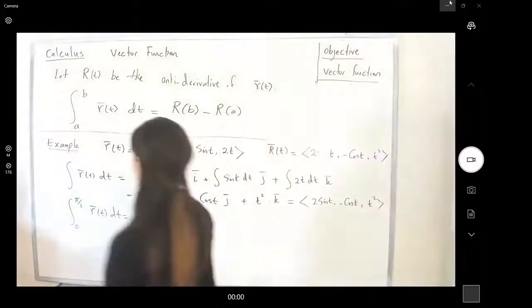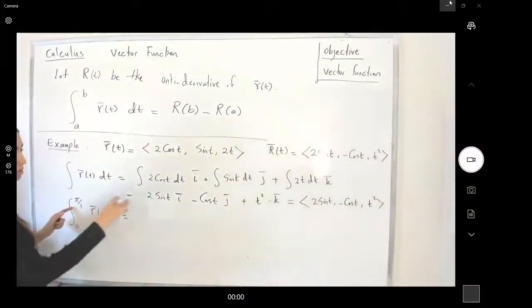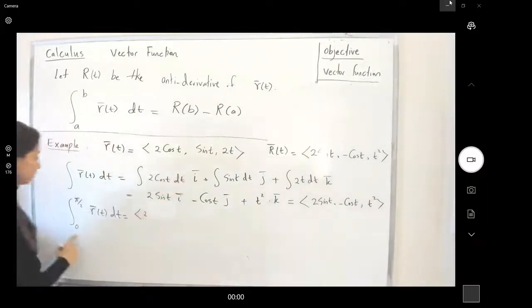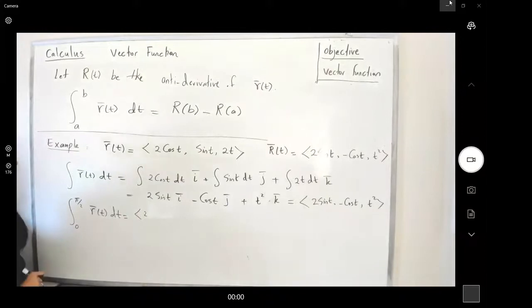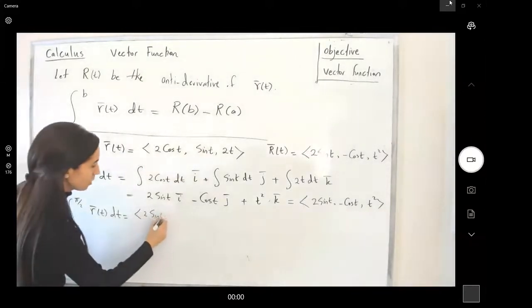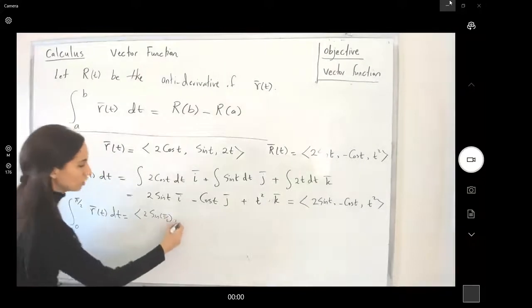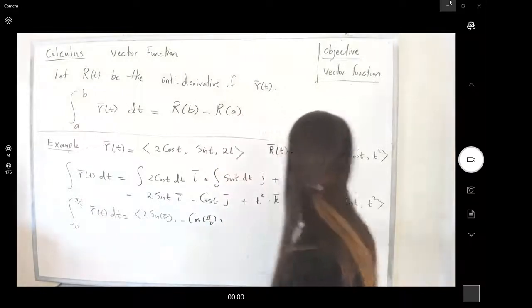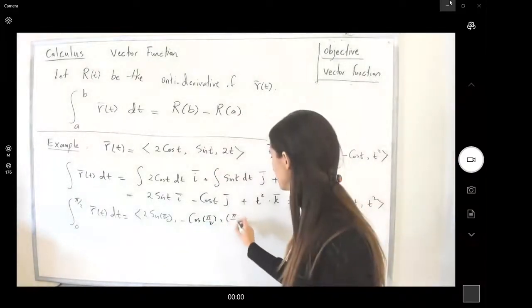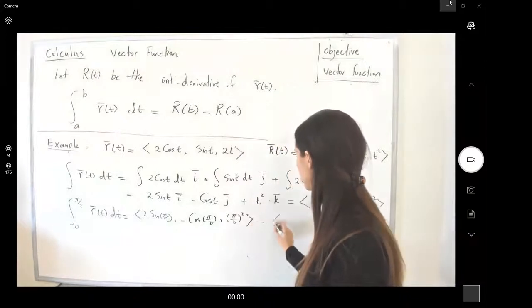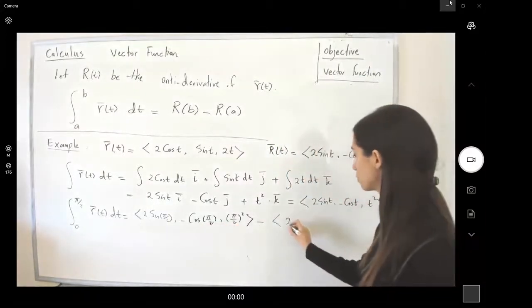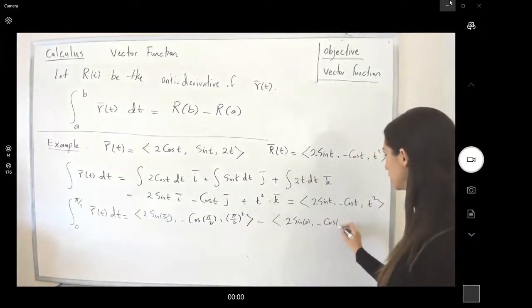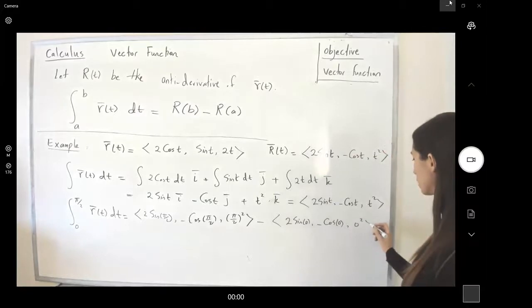Now, the rest is not that hard. Just plug pi over 2 into the vector function, and then we subtract after we plug in 0. So (2 sine of pi over 2, negative cosine of pi over 2, (pi over 2) squared) minus, now we plug in 0, (2 sine of 0, negative cosine of 0, 0 squared).